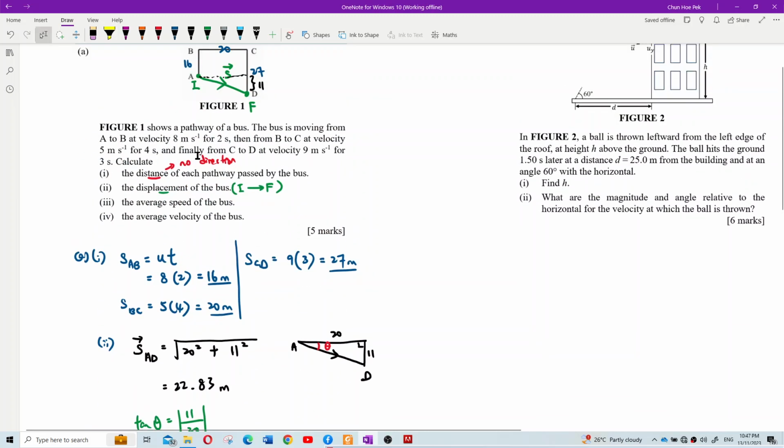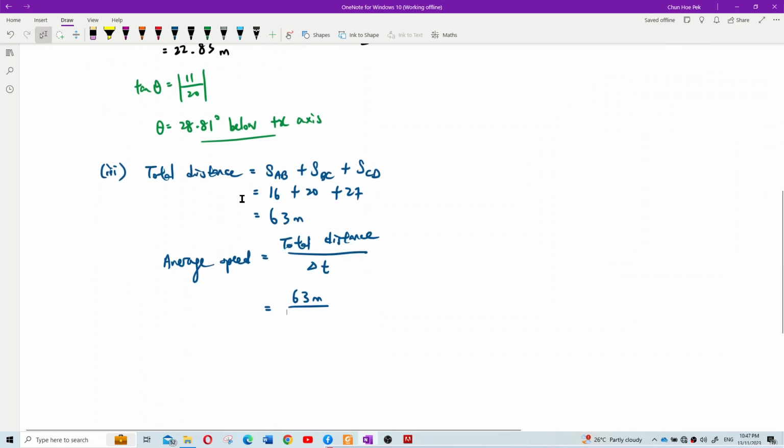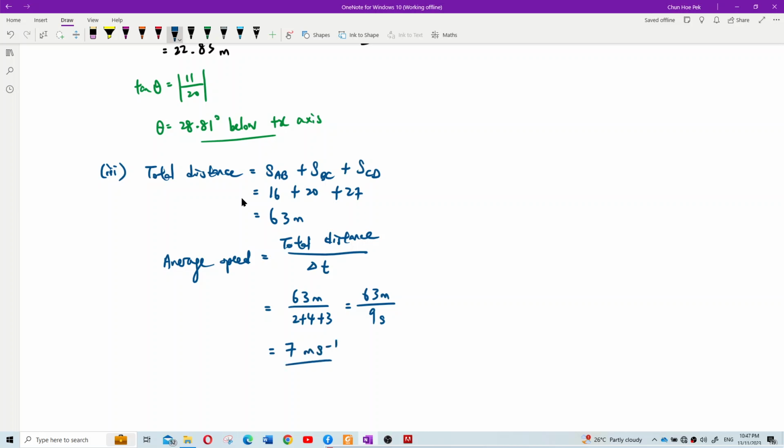The time taken is 2 plus 4 plus 3, which is 9, isn't it? 9 seconds. So it is 7 meters per second. That's our average speed.